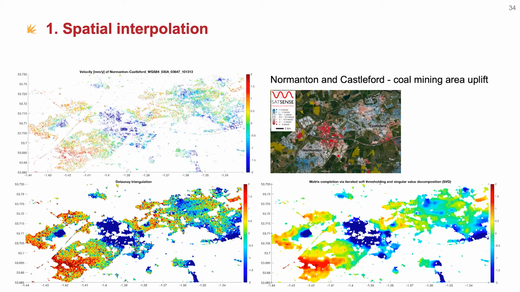It's based on statistics that assume a Gaussian distribution, and we also apply soft thresholding. So basically the method that we use interpolates and also denoises at the same time.